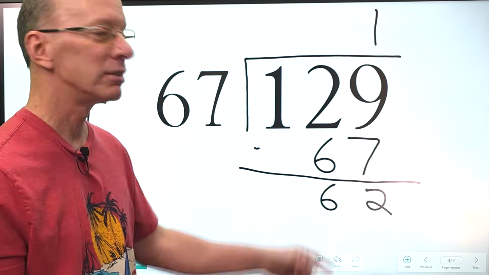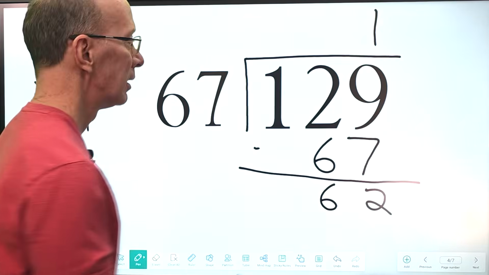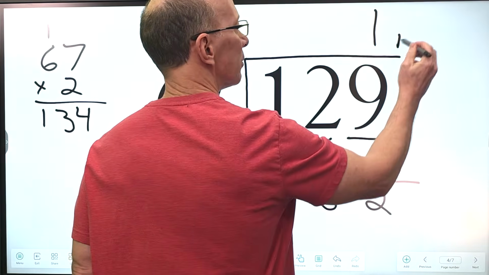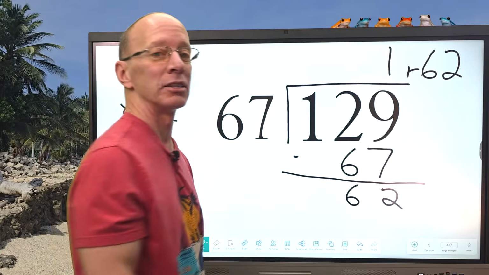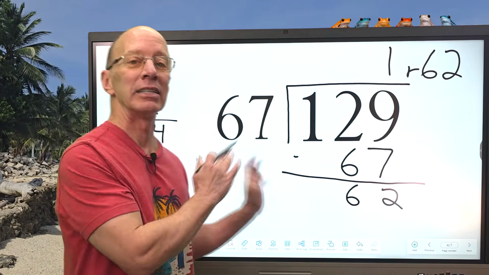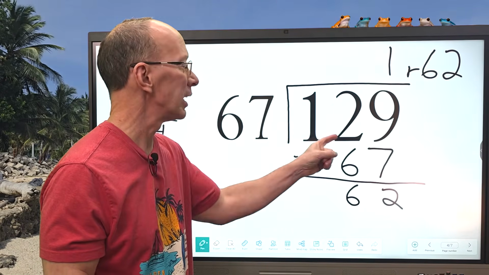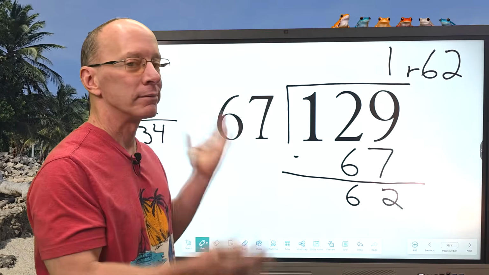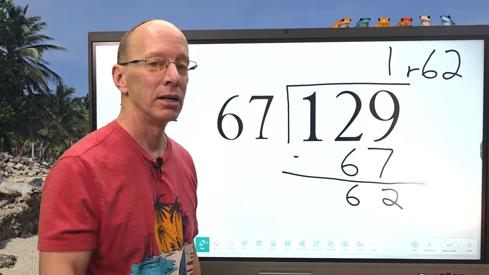So the remainder is not this number anymore, it's 62. All right, so a remainder of 62 right here. I bet the teachers and parents can't wait to get done with this problem. So the answer, we have 129 divided by 67, the answer is 1 with a remainder of 62.